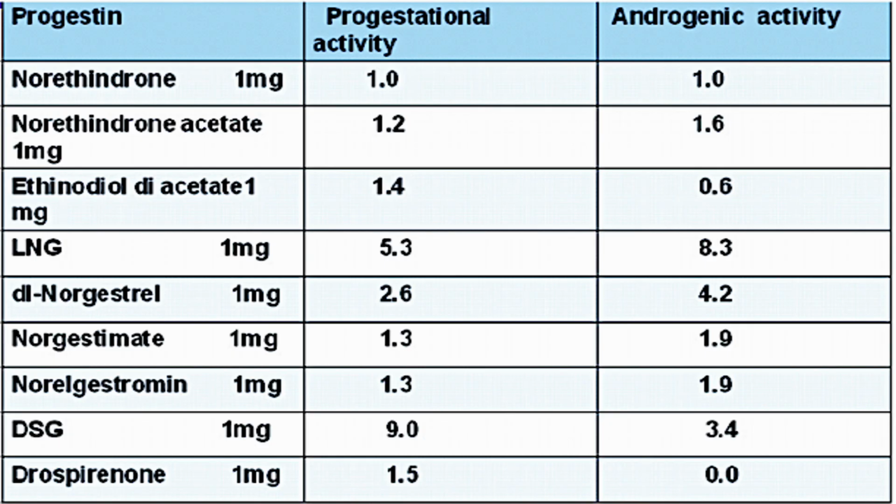That leads to an improved lipid profile and metabolic profile. While the earlier generations, the first and second generation progesterones, have more androgenic activity, thus having implications on the metabolic profile as well as on the lipid profile.